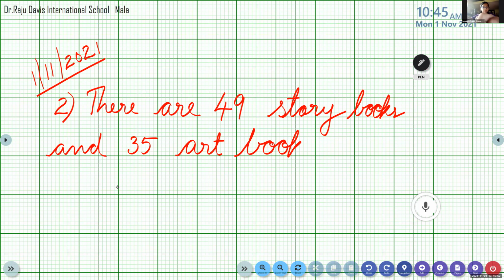Ma'am, art book meaning? Art book, in which you are drawing pictures and all, isn't it? You are drawing book. Okay, so please write. There are 49 storybooks and 35 art books in a shelf. How many? Ma'am, story spelling? S-T-O-R-Y.